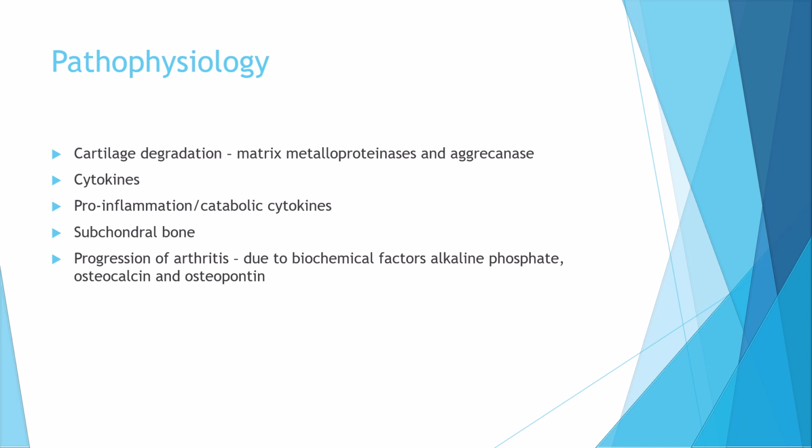Microfractures may occur. These heal and produce a callus which causes the bone to become harder and denser. As the condition progresses, joint space will narrow, further osteophytes are formed, and ligaments become lax, leading to instability and deformity.